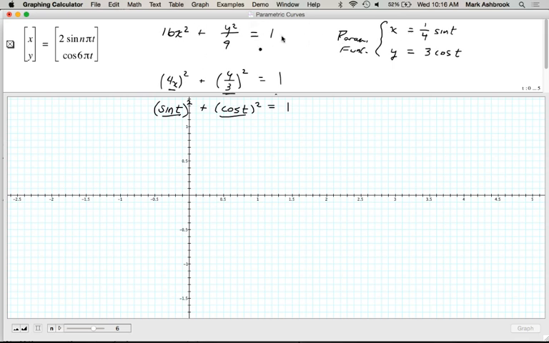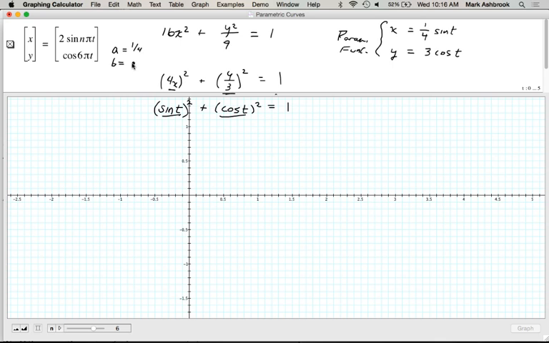So we can sketch it. Maybe the easiest way to sketch it is using the equation of x and y. So what is our a and what is our b? So x squared over a squared. So if it's x squared over a squared, a would be 1/4, right? This would be x squared over 1/16. So a would be 1/4.